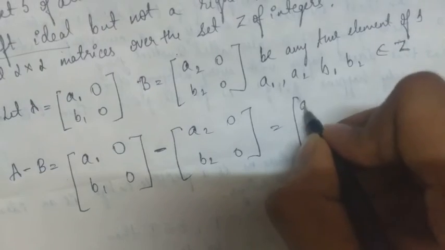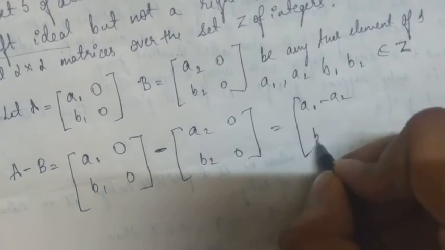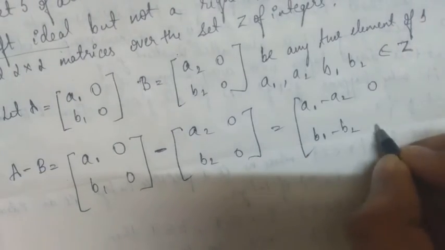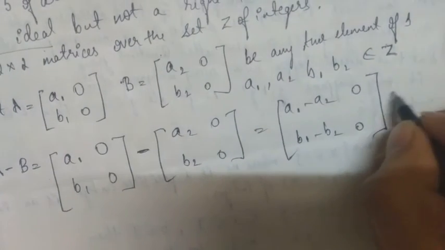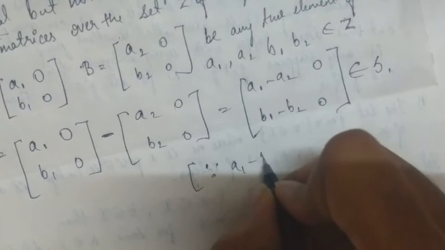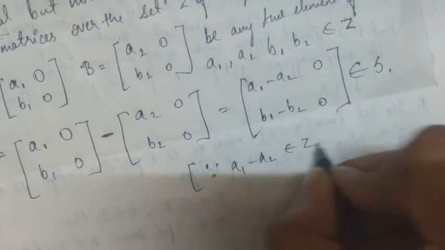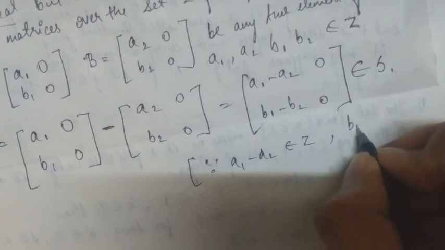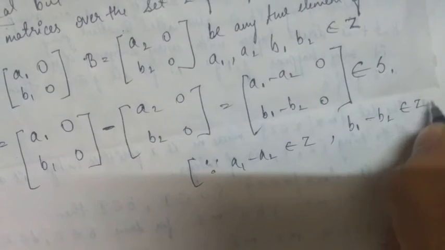We get A1 minus A2, B1 minus B2, 0 0, which belongs to the set S. If you ask how, A1 minus A2 belongs to Z, that is integers, and B1 minus B2 belongs to Z. So the first property is satisfied here. We want to show it is a left ideal.